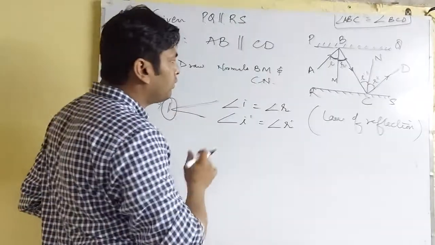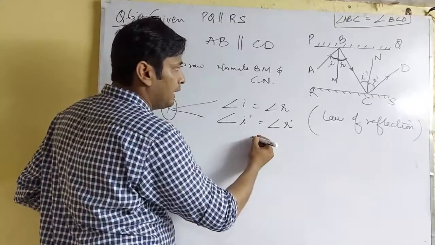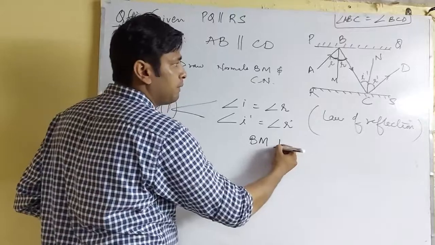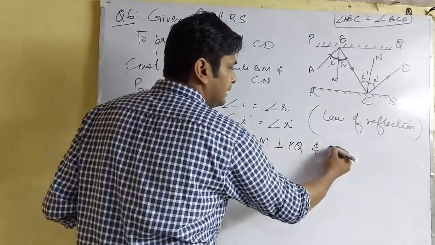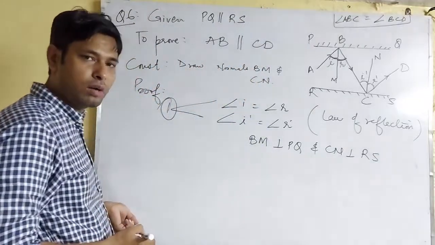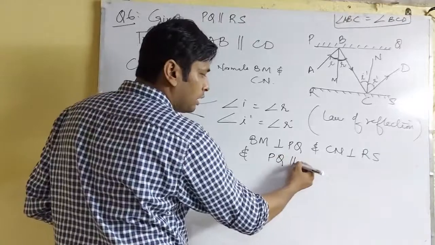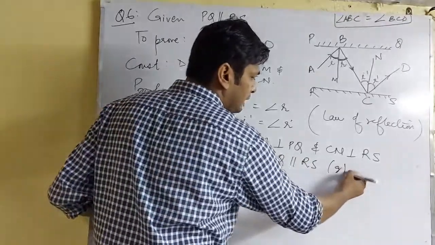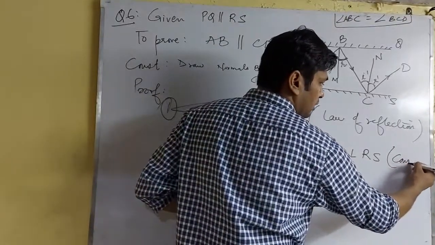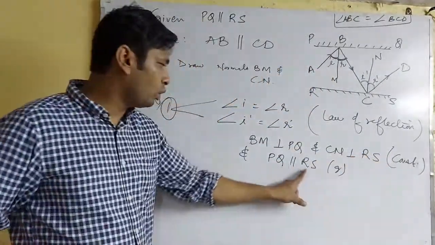Now after that we'll write BM is perpendicular to PQ and CN is perpendicular to RS. We have drawn the normals, so this is by construction. And PQ is parallel to RS, this is given.